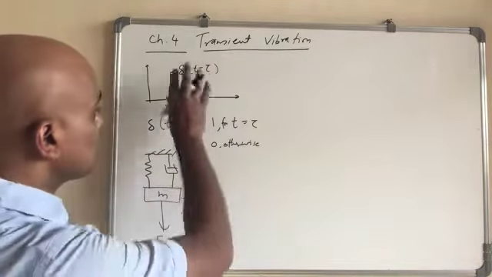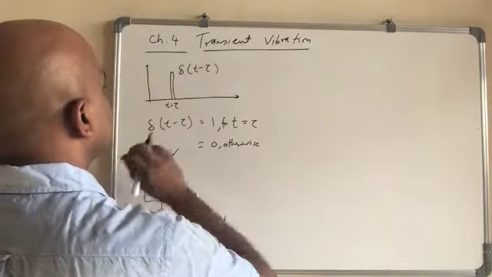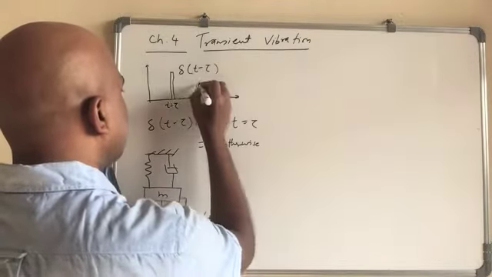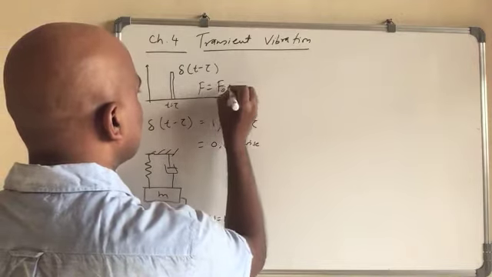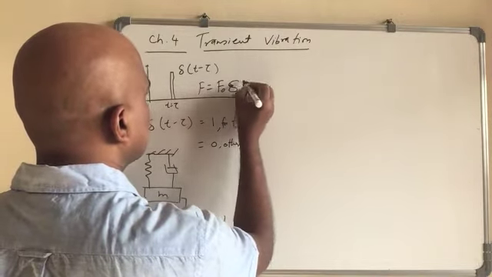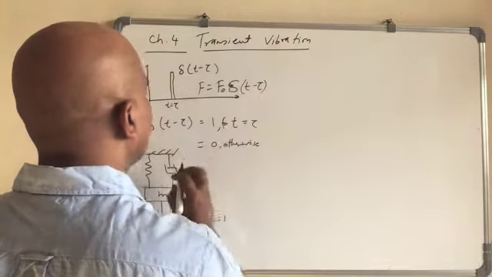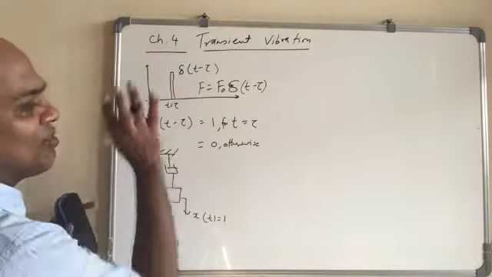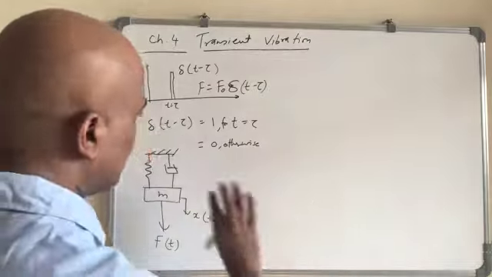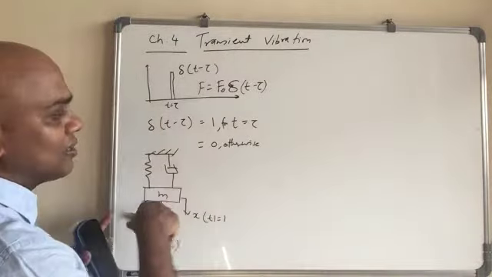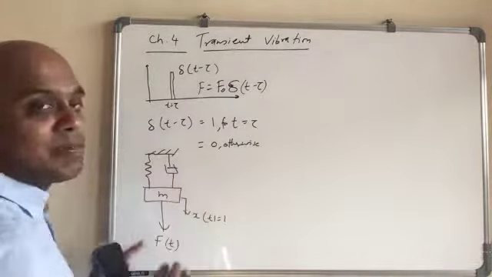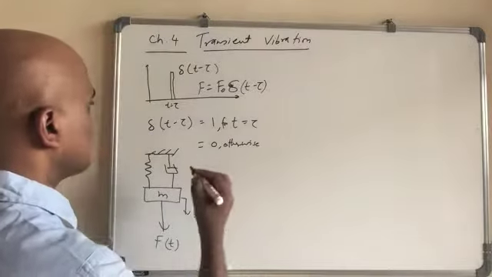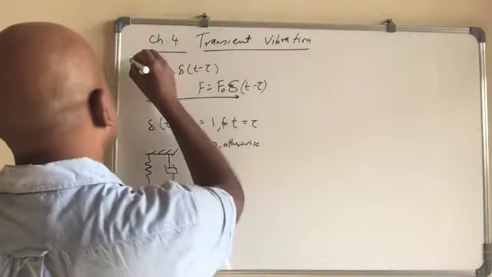One force could be F equal to F naught delta(t minus tau). That means at t equal to tau, an impulse of force is given, and after that we want to find how the displacement looks. This is case 1.